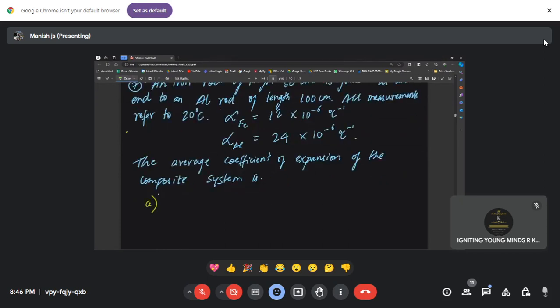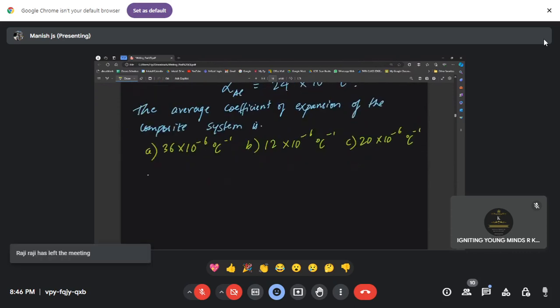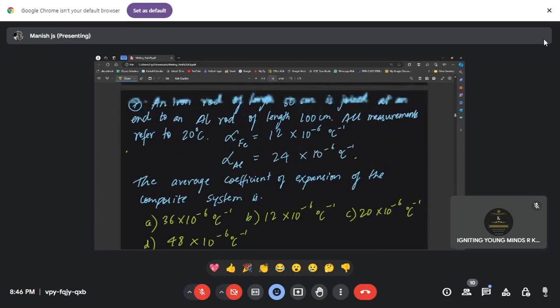The first option, 36 into 10 power minus 6 degrees Celsius inverse. Second option, 12 into 10 power minus 6. Third option is 20 into 10 power minus 6. And fourth option, 48 into 10 power minus 6. Okay, these are the options.